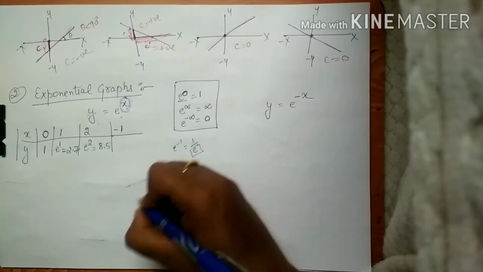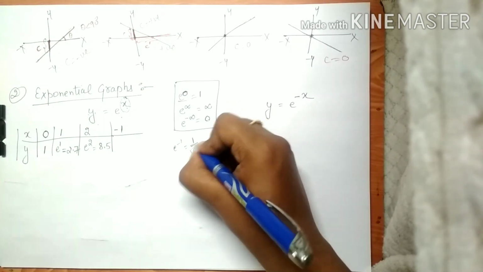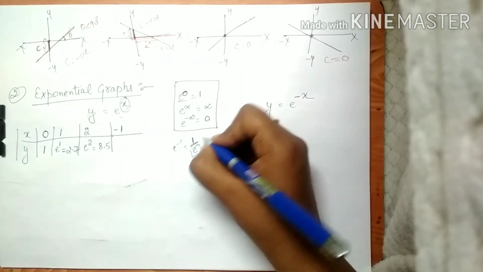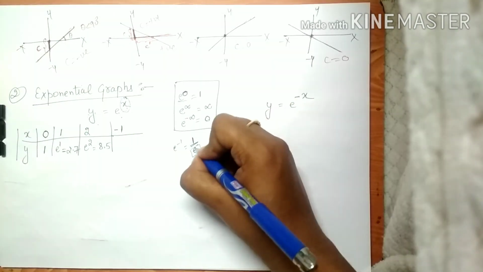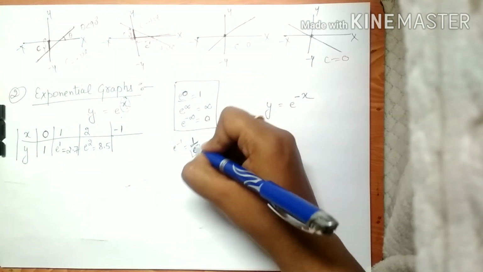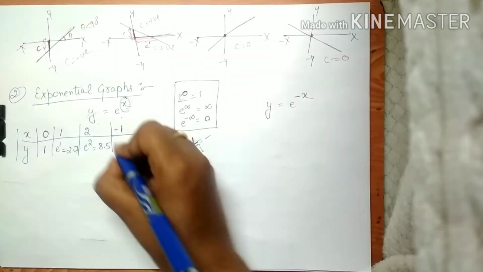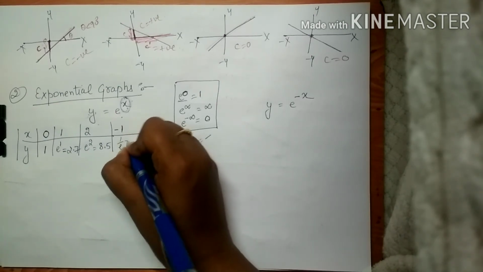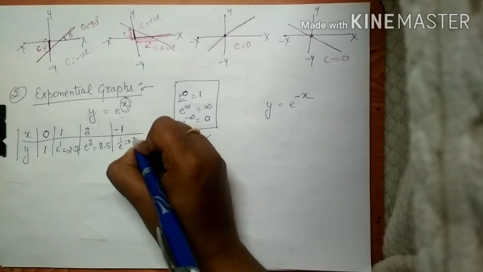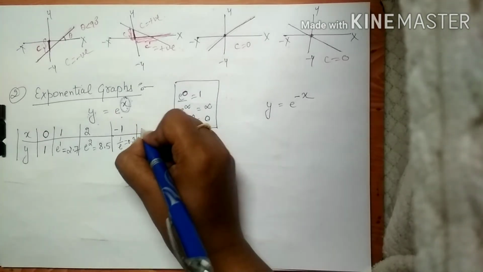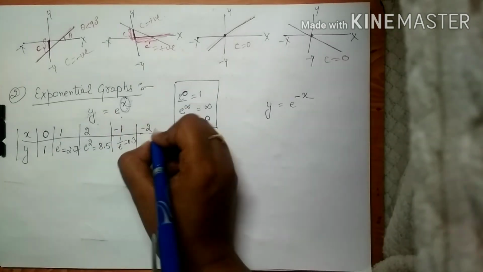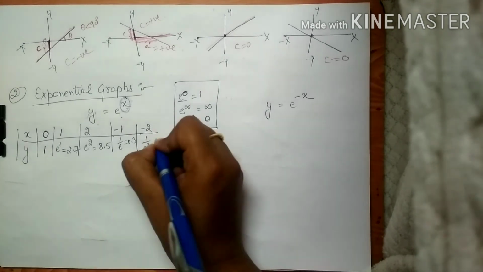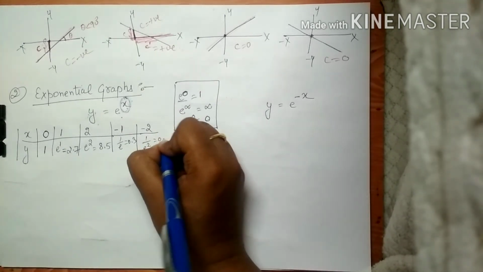Putting the value of e and dividing, you will get 0.3. If you put the value of x as minus 2, then you will get 1 upon e square, and solving this you will get 0.1.